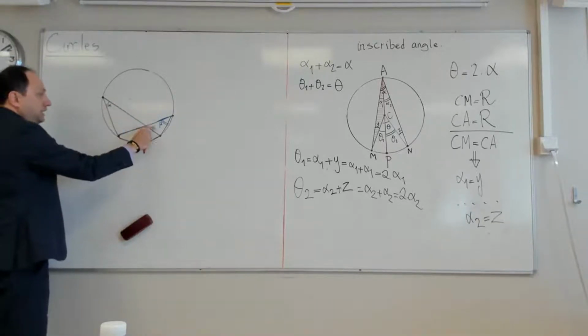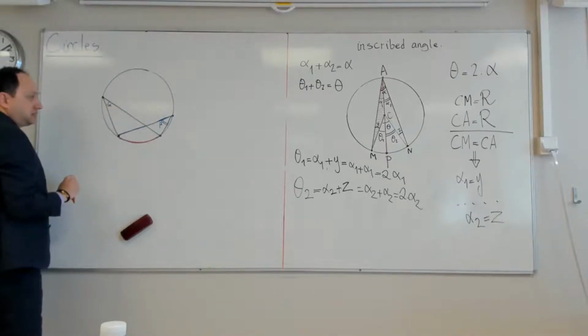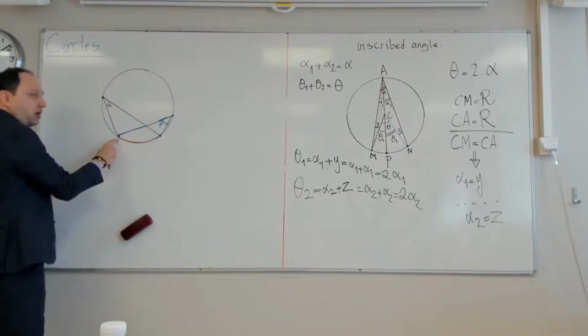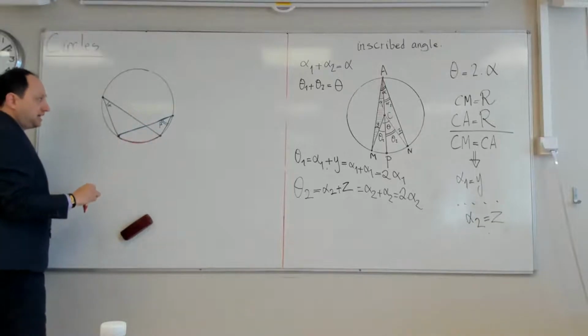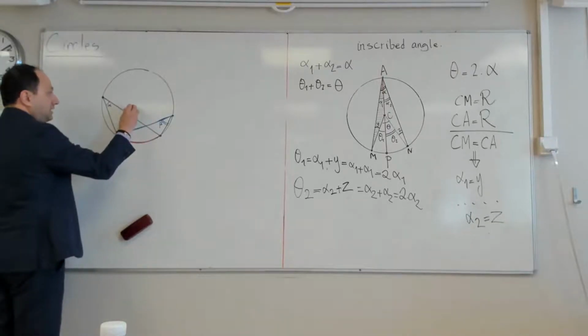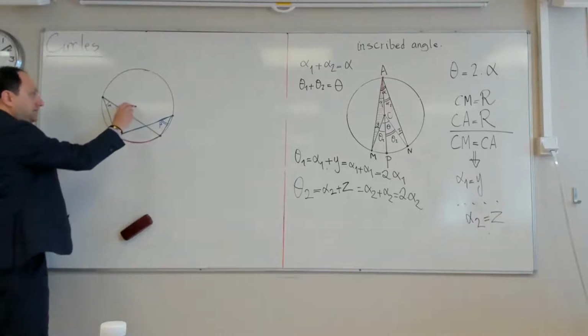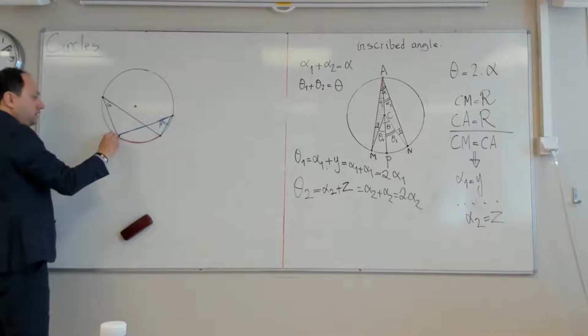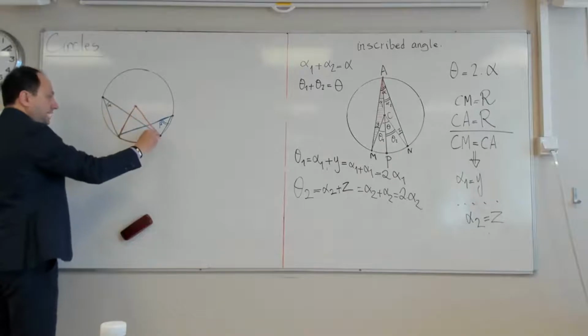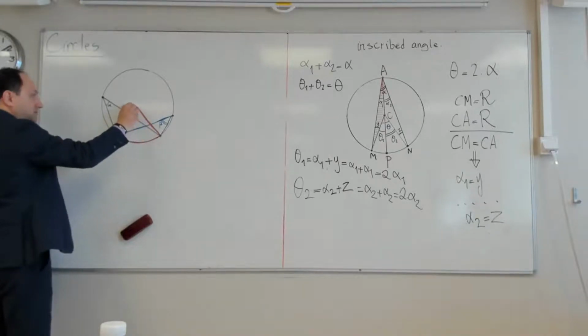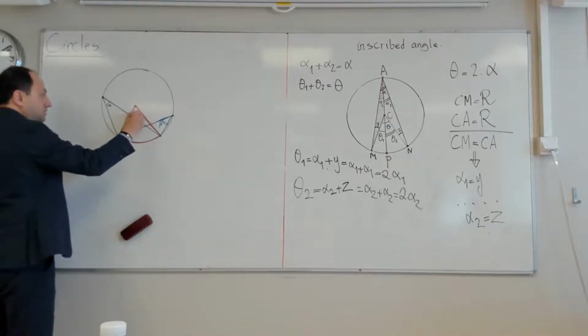If you have two inscribed angles subtending the same arc, they have to be equal. Why is that the case? I would say that let us find the center of the circle and let me connect this center to this point, and let me connect this center to this point as well. And let me call this central angle theta.